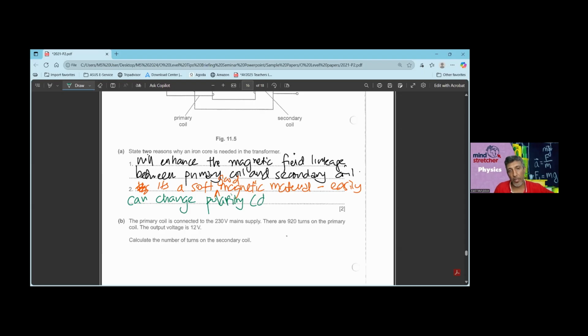So changes in magnetic field are experienced by the secondary coil.